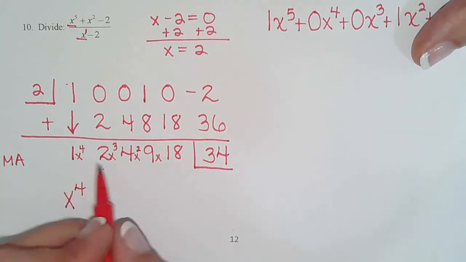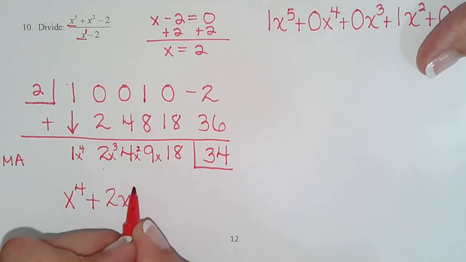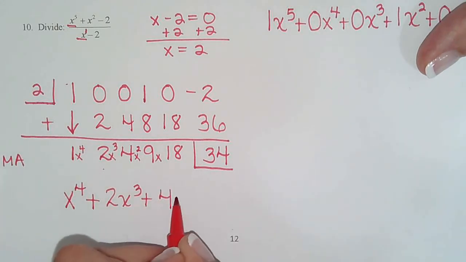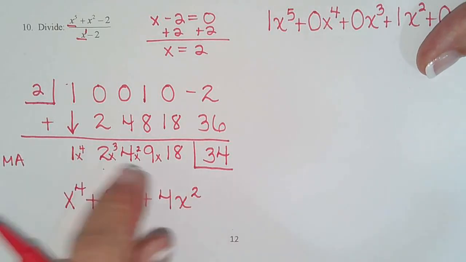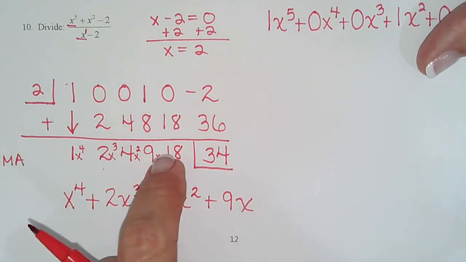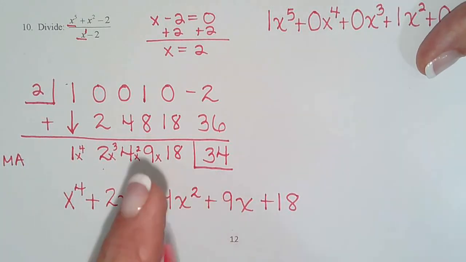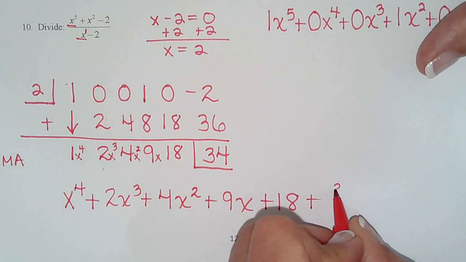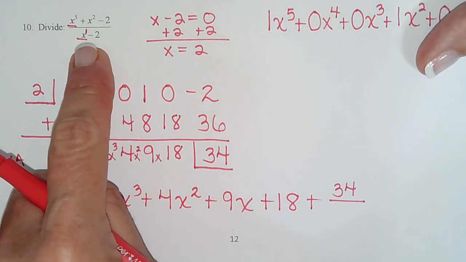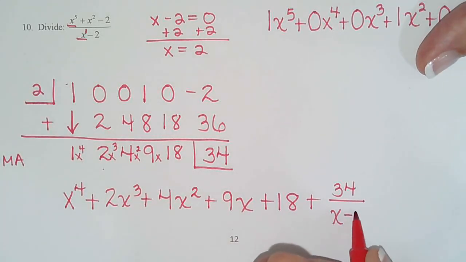You can drop off the ones now, no sign, so you write plus 2x cubed plus 4x squared plus 9x. Every time there's no sign, just put in a plus 18, and then no sign again, plus 34 over, and then we go up and see what the divisor is, and it's x minus 2.